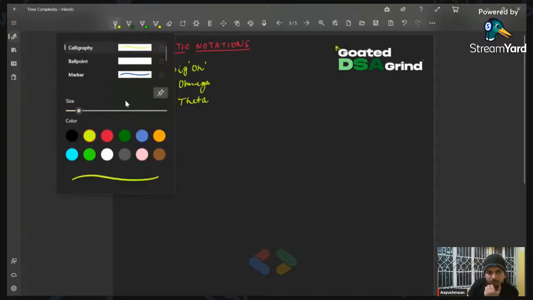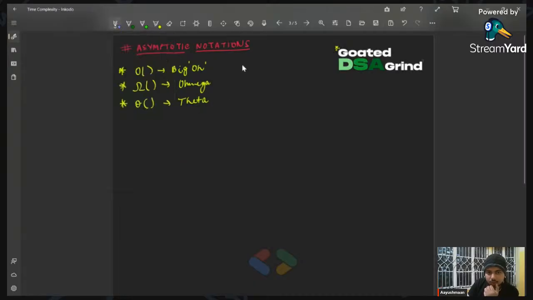Now we also have a smaller O notation, and a smaller omega notation, or little omega notation, whatever you call it. I'm not sure if a small theta notation exists.